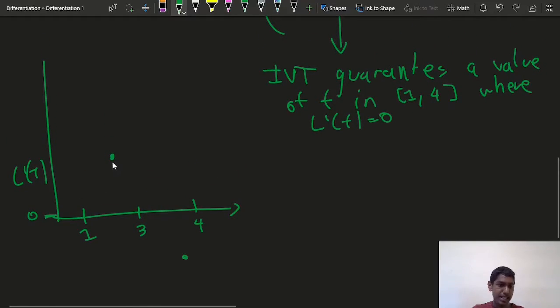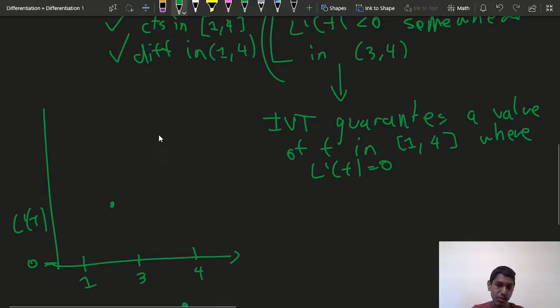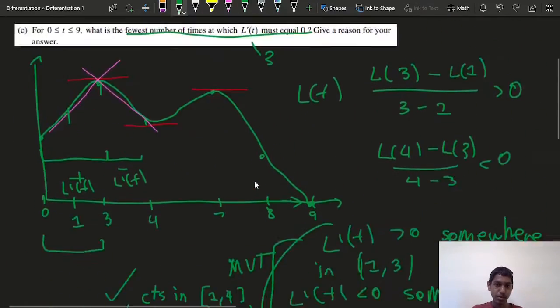And we're saying that since L prime of t is continuous, which you would want to say, L prime of t is continuous because it is differentiable, and to be differentiable, you need to be continuous.